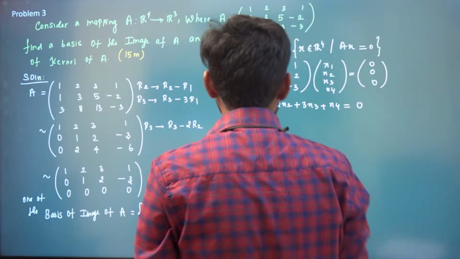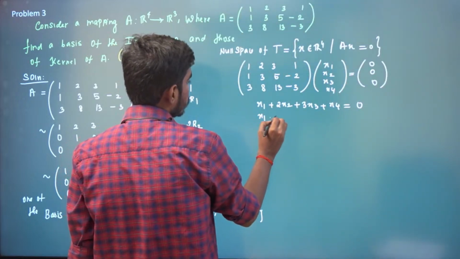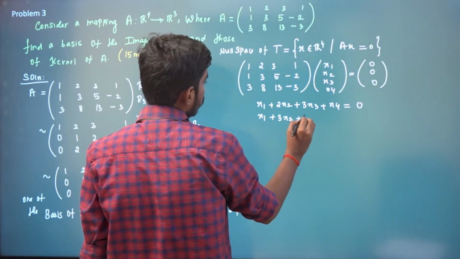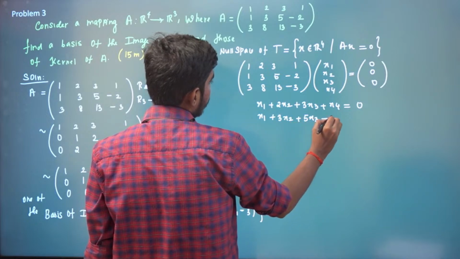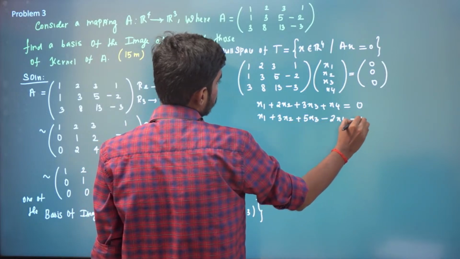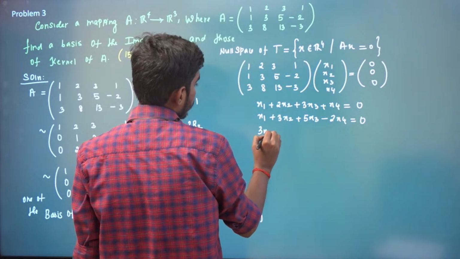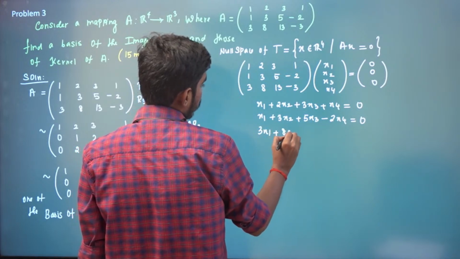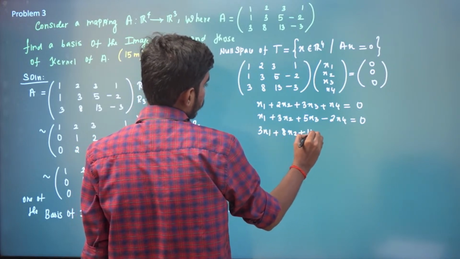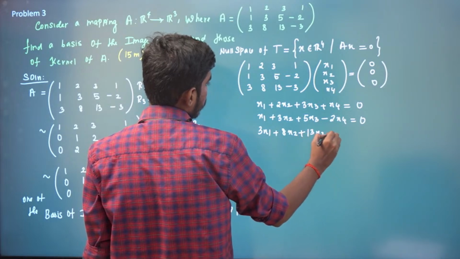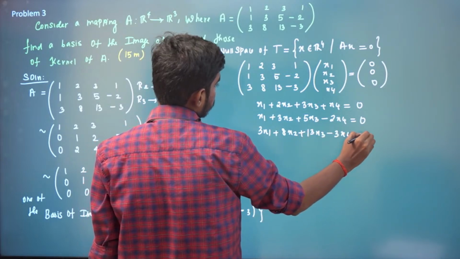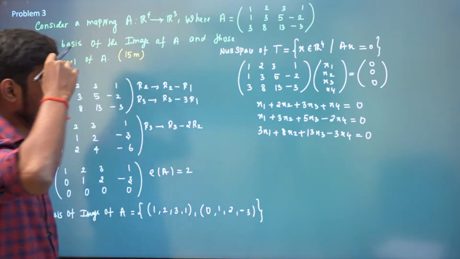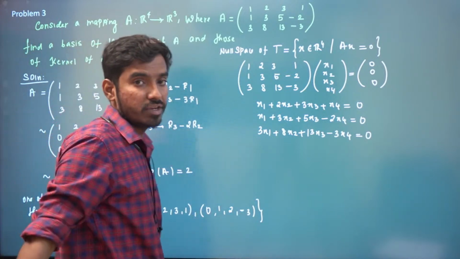Okay. And then we have x1 plus 3x2 plus 5x3 minus 2x4 is equal to 0. And then we have 3x1 plus 8x2 plus 13x3 minus 3x4 is equal to 0. So we will solve this homogeneous system of linear equations.